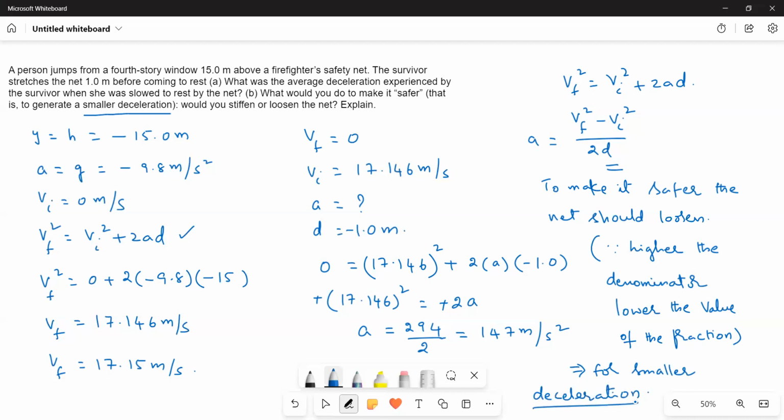For smaller deceleration, we have to loosen the net. That is the answer for this question.